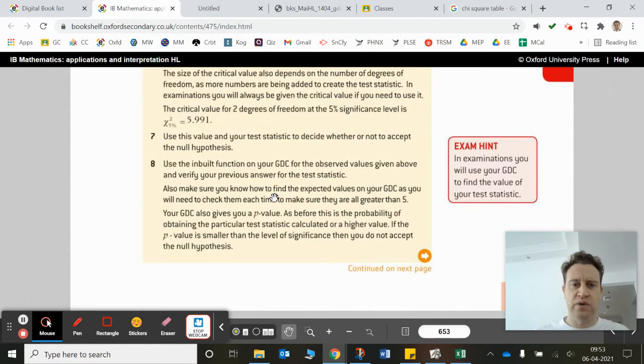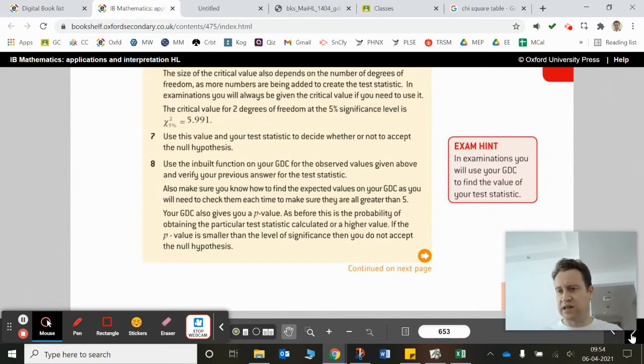Make sure that you know how to find the expected values on your GDC, as you will need to check them each time to make sure they are all greater than 5. So it's the expected values, not the observed values, that need to be greater than 5 once we make our table.